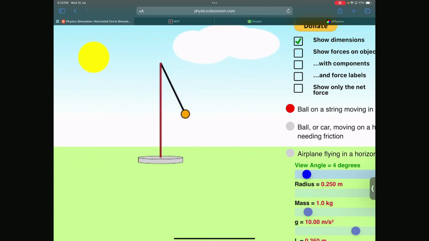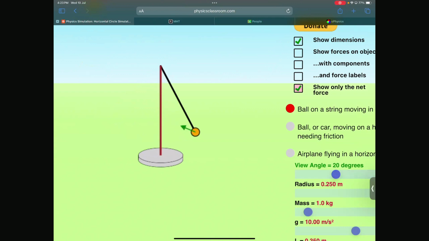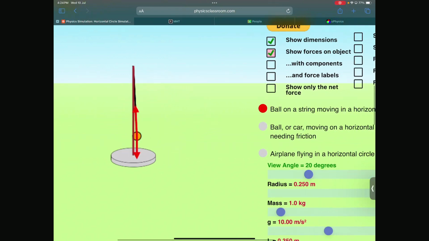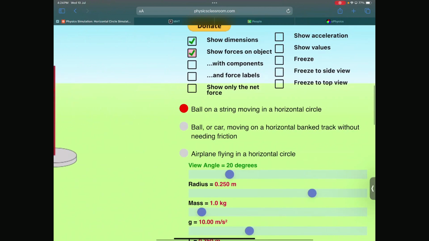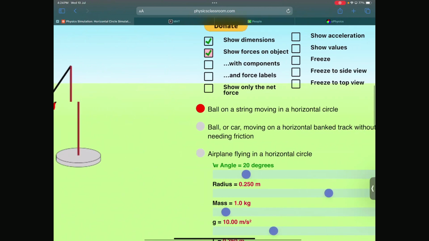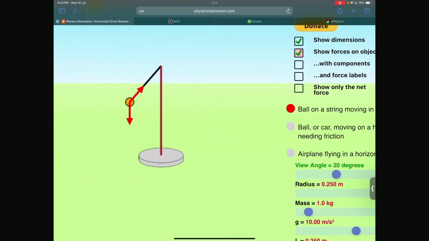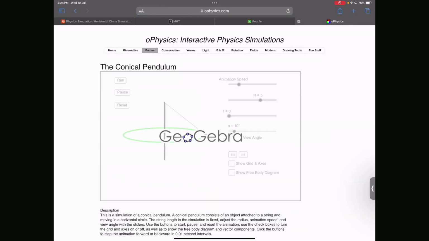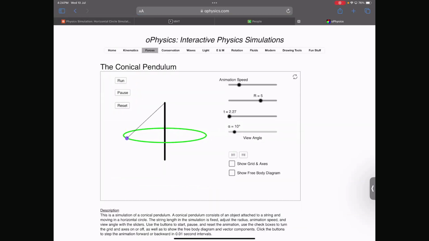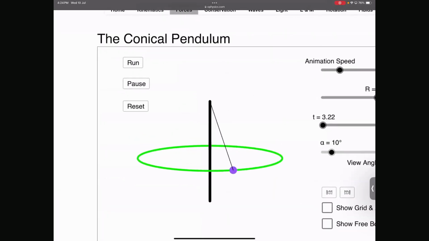But if you look at it from a different angle, and I'll show you the other path. Yeah, do you see how it's going in a circle at the bottom? This is called a conical pendulum, okay? There's another version of it. This is exactly the one we're doing right now.